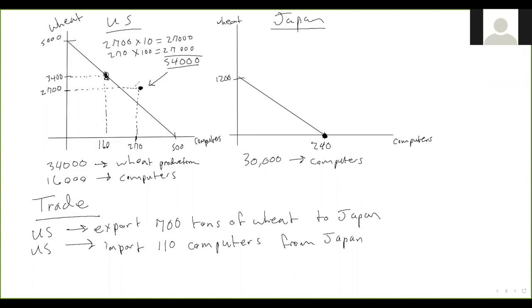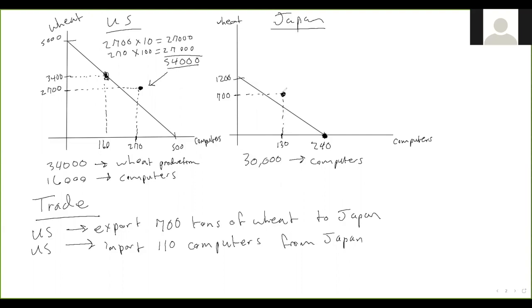In the case of Japan, they were producing 240 computers and exported 110 of them. And so they have 130 left, and they imported 700 tons of wheat. Which is out here.